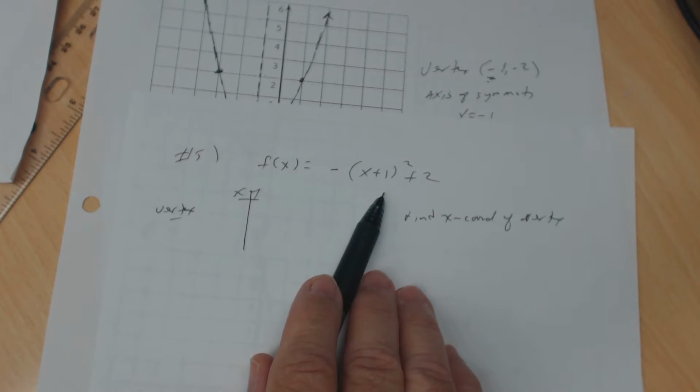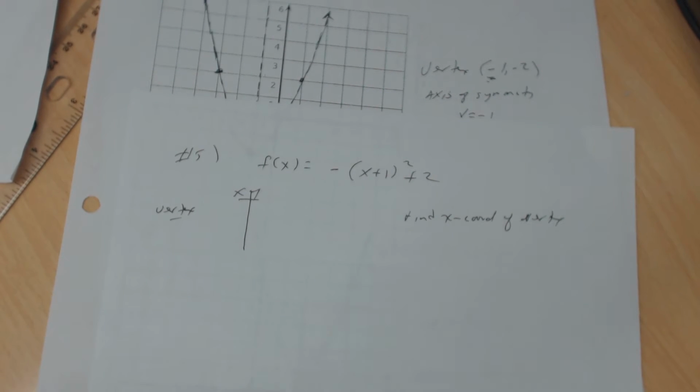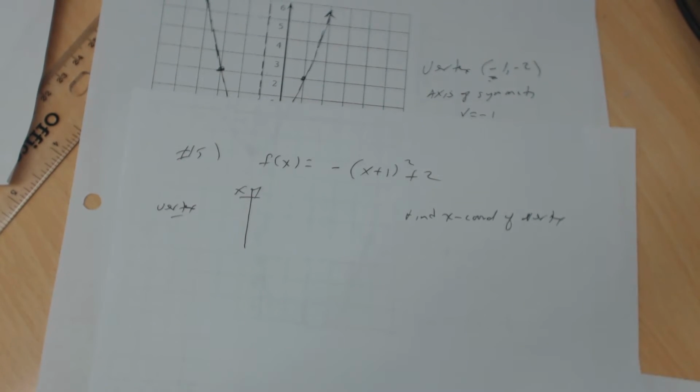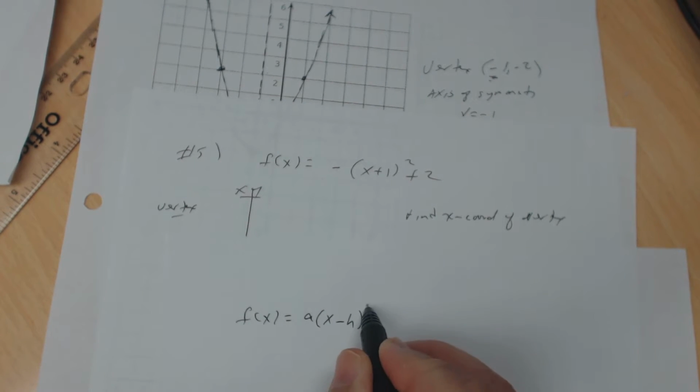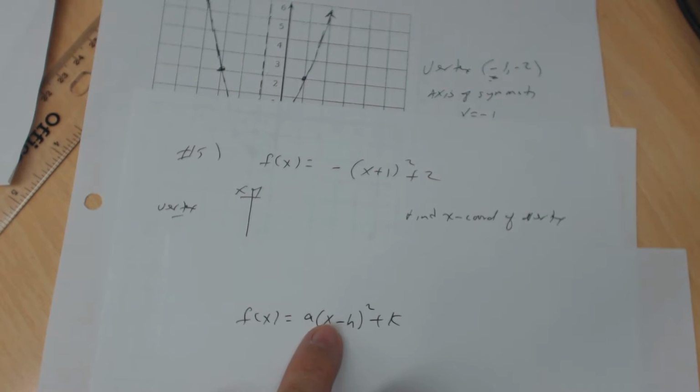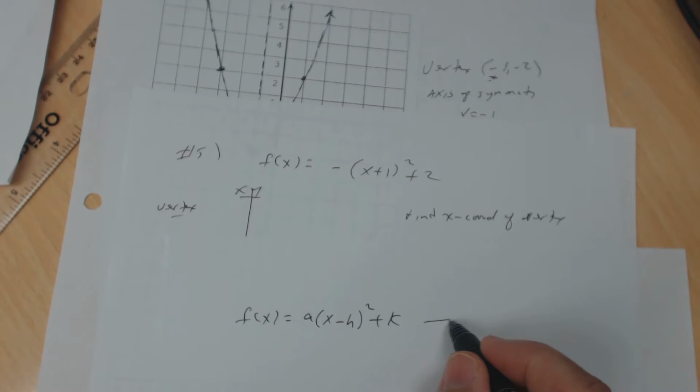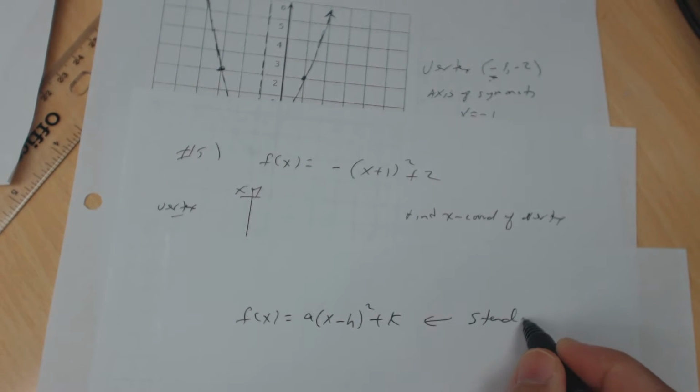When it's in that form, that's called standard form. So if f of x equals some number a times (x minus h) squared plus k, if the variable is in parentheses and being squared like this, and k is a constant, then this is called the standard form of a quadratic function.